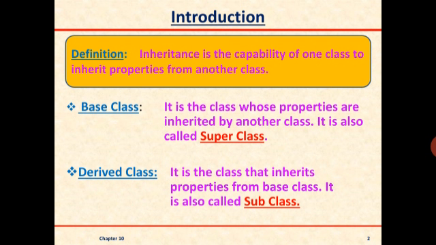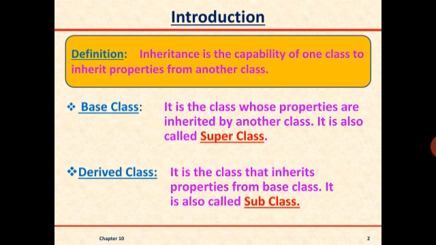Here two important definitions you must remember. One is base class, another one is derived class. Base class means what? It is a class whose properties are inherited by another class. It is also known as superclass. Then comes a derived class. It is defined as the class that inherits the properties from a base class.